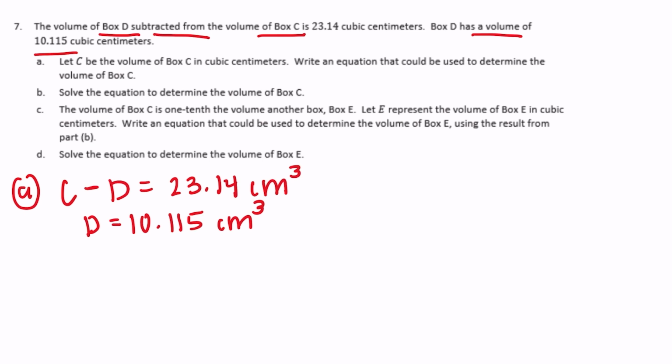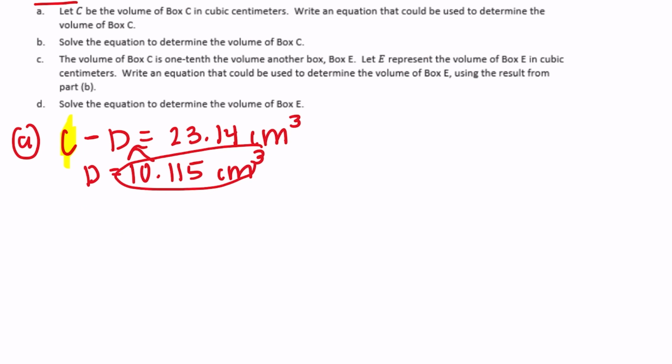So it says let C be the volume of box C in cubic centimeters, which we already did. We used C to represent C. Write an equation that could be used to determine the volume of box C. So what I'm going to do is take what we know about D and replace it with D. So our equation would be C minus 10 and 115 thousandths is equal to 23 and 14 centimeters cubed. I should have put centimeters cubed there too.